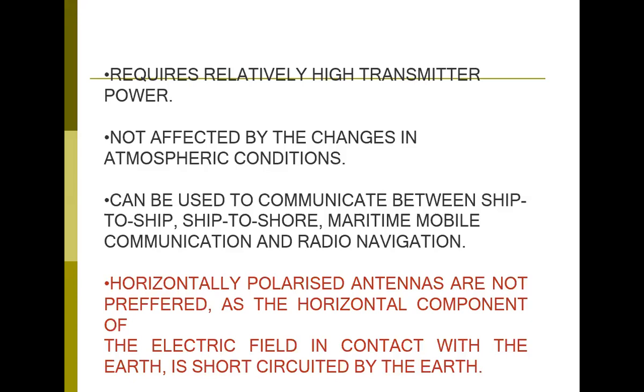Its practical examples are ship-to-ship communication, normally one ship to another ship floating in the sea, ship to shore, maritime mobile communication, and radio navigation. Comparatively, the distance is less.